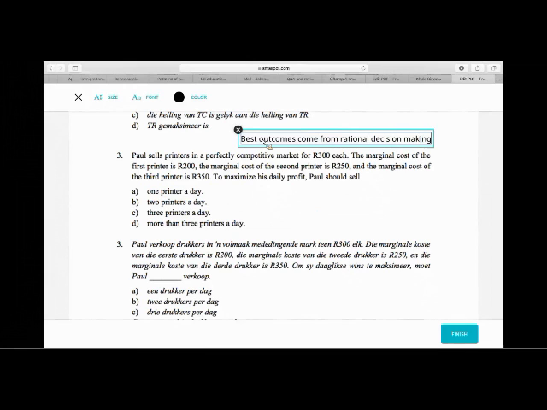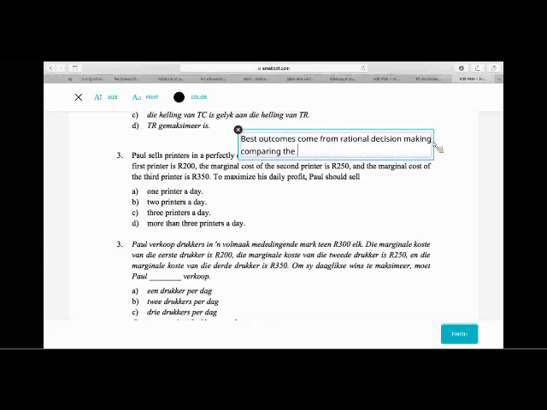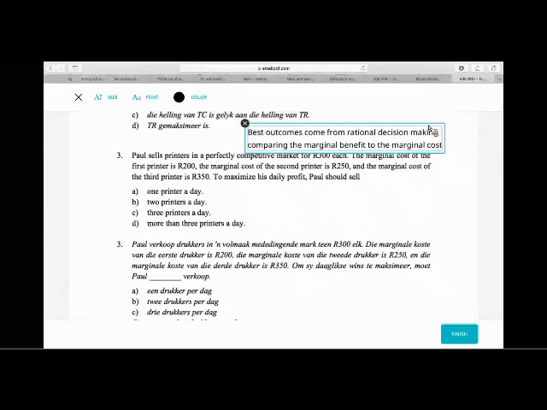So rational decision making means that you are comparing the marginal benefits of doing something to the marginal cost, and you would continue to produce, consume, work, whatever the activity you're doing is, you would continue to do it as long as the marginal benefit is greater or equal to marginal cost. The minute marginal cost exceeds marginal benefit, it is irrational to have done that activity.